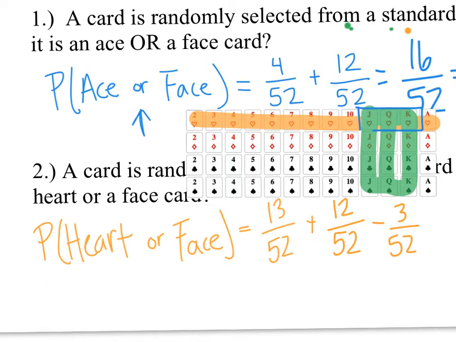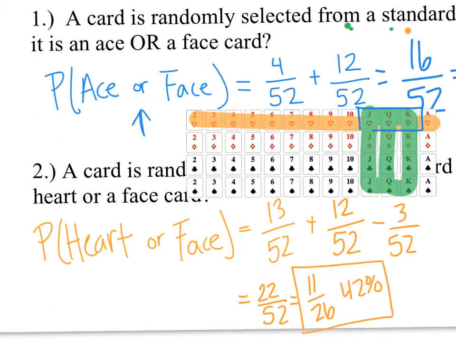So 13 plus 12 minus 3 is going to give us 22 over 52, which reduces to 11 over 26, or as a percentage, a 42% chance that you would get a heart or a face card.